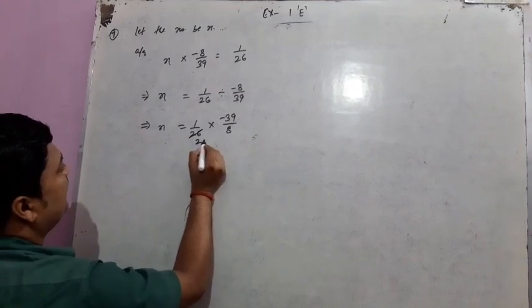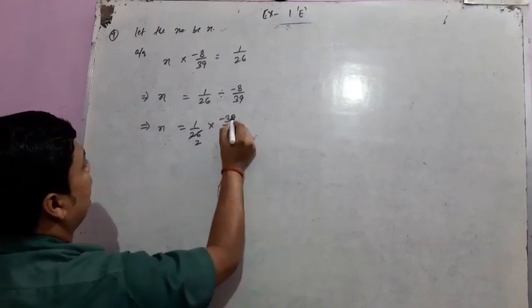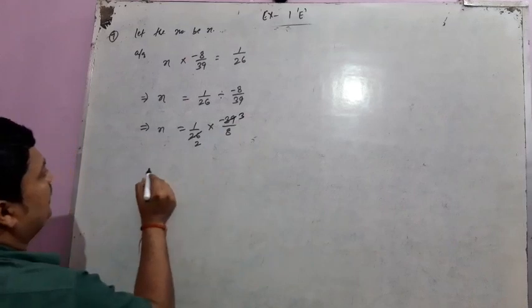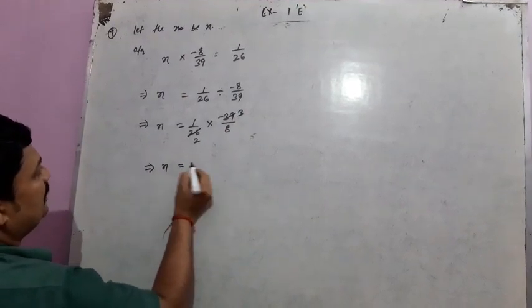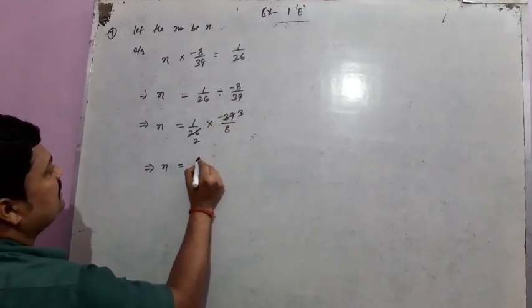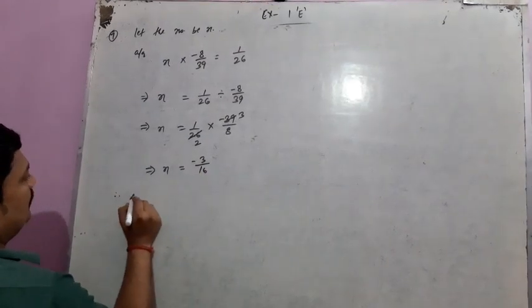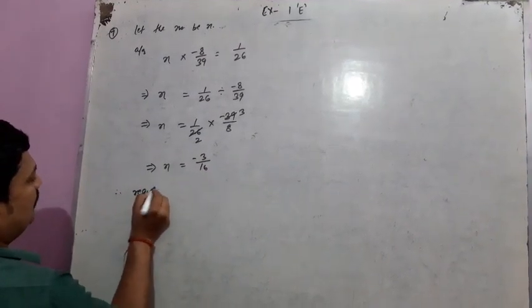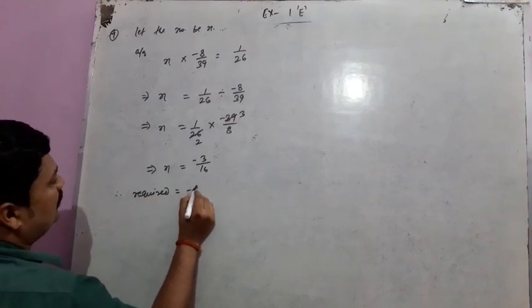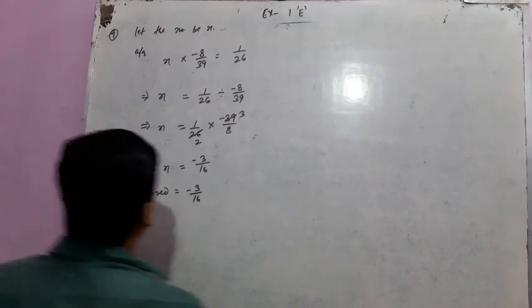Now reducing the terms, 13 twos are 26 and 13 threes are 39. Plus minus minus, 3 by 16. Therefore, the required number is equal to minus 3 by 16.